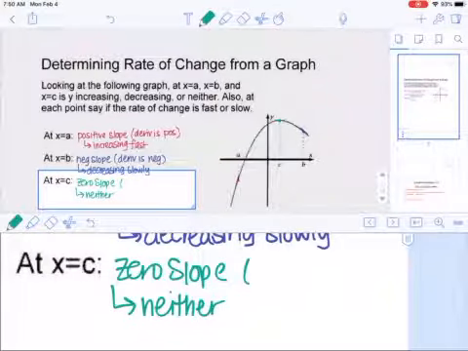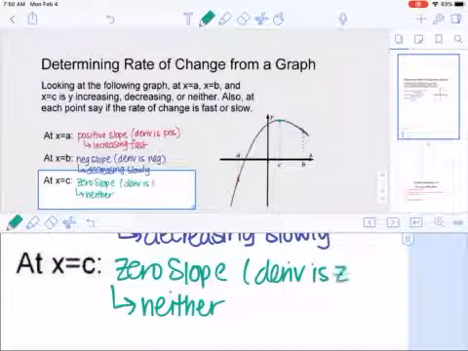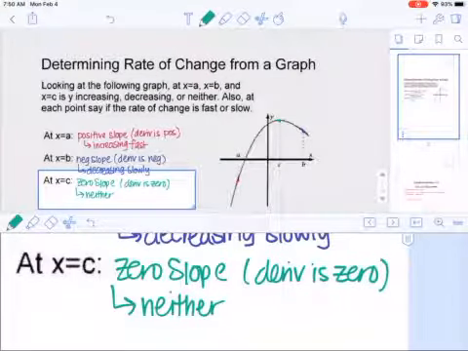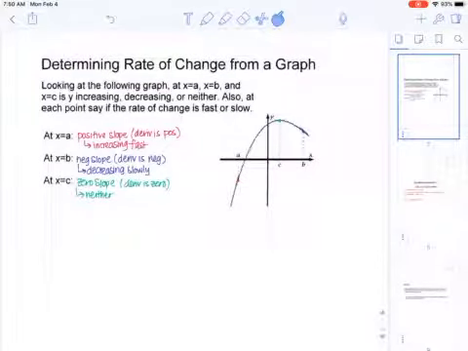And that also means that the derivative is 0 at x equals c. Okay, so it's literally that easy. You can take a look at the graph, decide if it's increasing or decreasing, slowly or quickly, and that also tells you some information about the derivative.